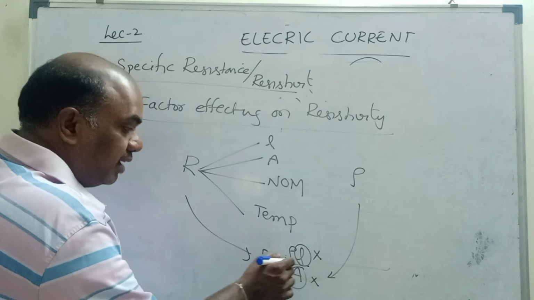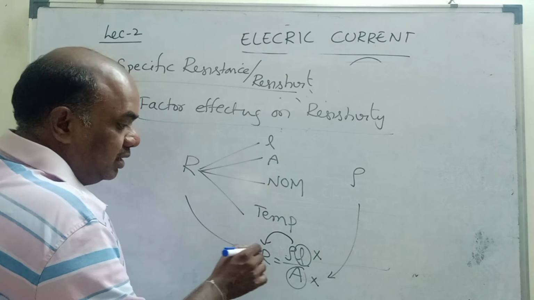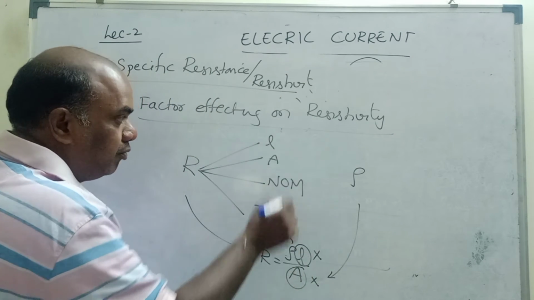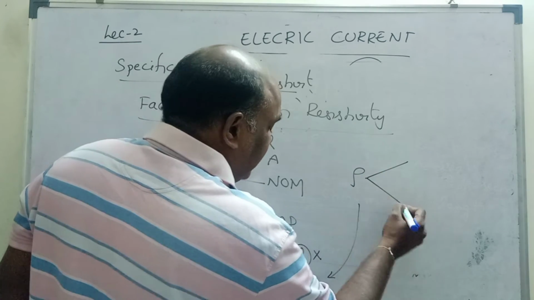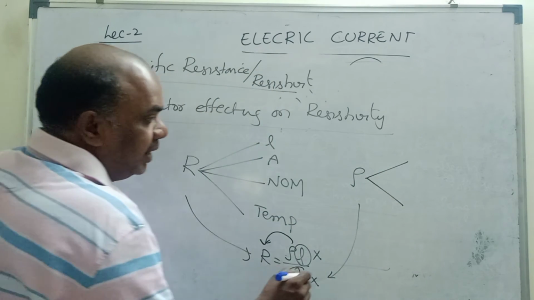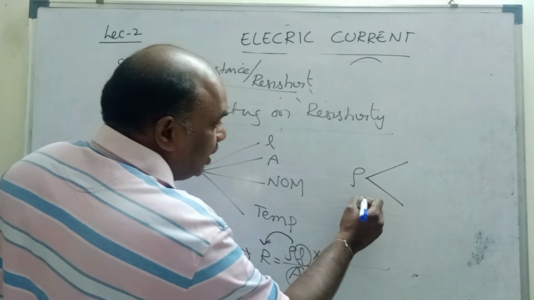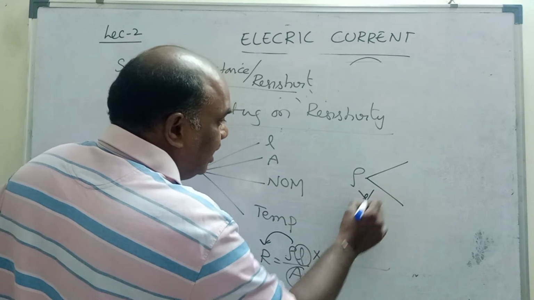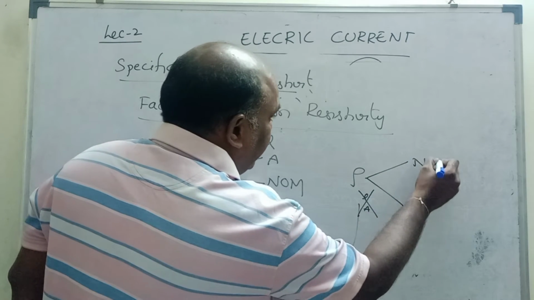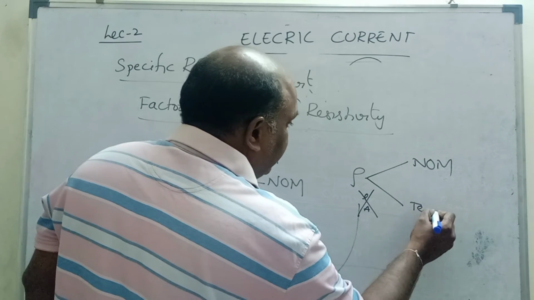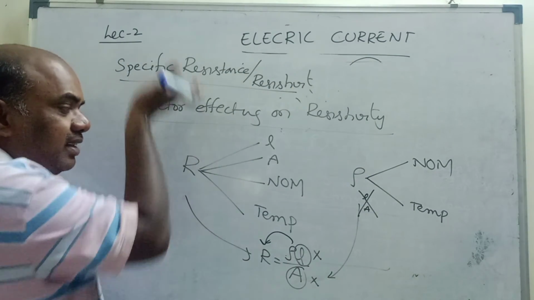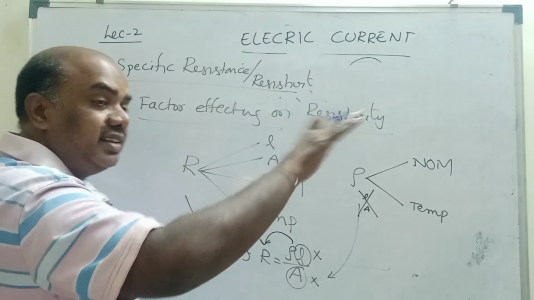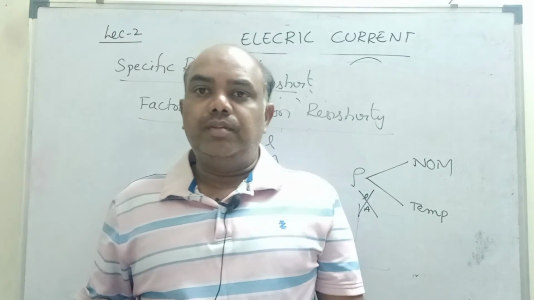Resistance depends on 4 factors. Out of 4, these two are not considered in resistivity. Resistivity depends on only 2 factors, nature of material and temperature. If temperature increases, resistivity increases. Resistivity increases, resistance increases. Resistance increases, current flow decreases. Important, children.